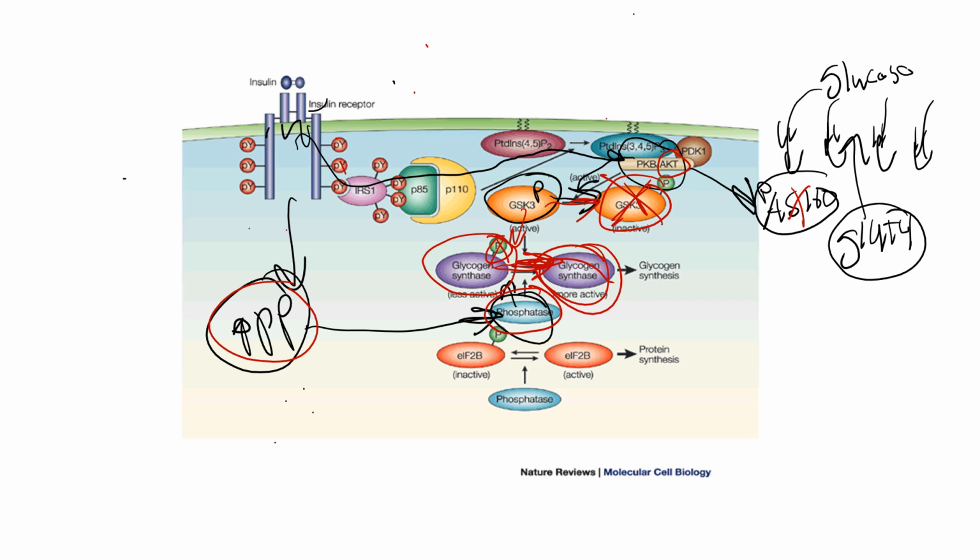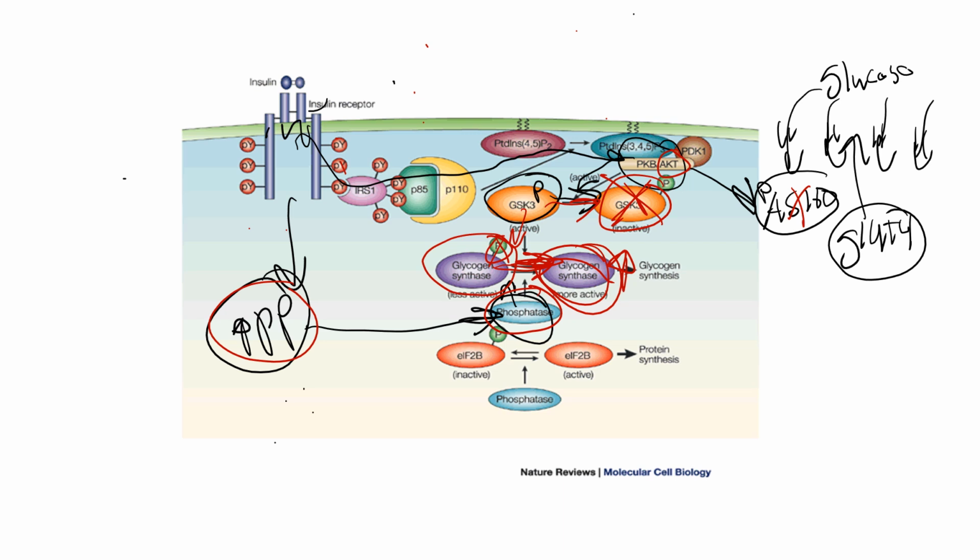So what the insulin pathway can do is knock out GSK3 by phosphorylating it and make it much easier on protein phosphatase to be able to do its job and increase glycogen synthase activity. Okay, so if we increase the glycogen synthase activity, what does that mean?